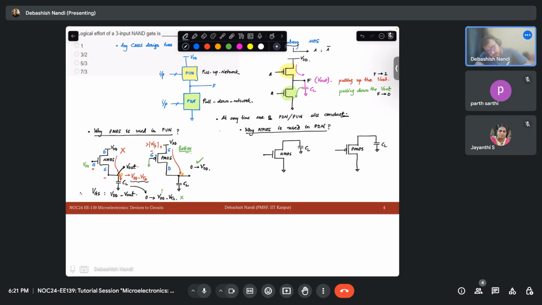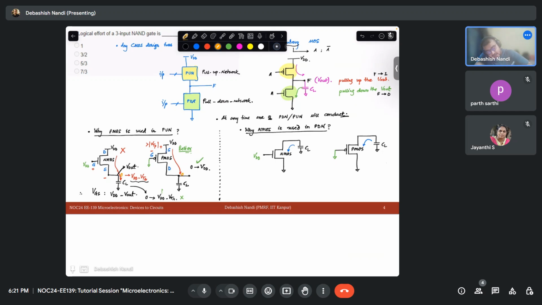That means my pull down network has to be active, and that means that my NMOS has to be on and PMOS has to be off. Then both of the paths are conducting, and this capacitor is discharging through this MOSFET.